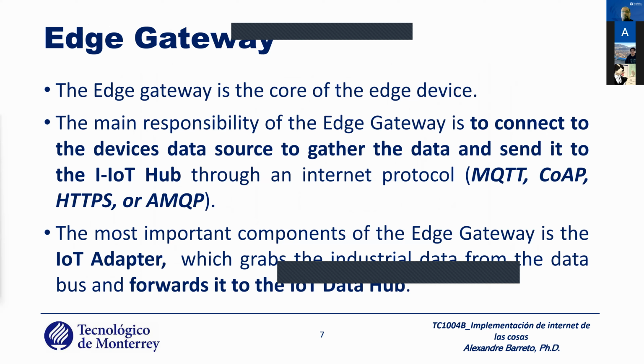Okay, the main responsibility, as we already said, is to connect the device with the IoT hub. Okay, through what? Through a group of specific IoT protocols. Okay, MQTT, CoAP, HTTPS, it's not specific, it's general, or AMQP.